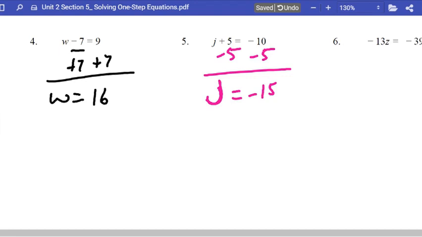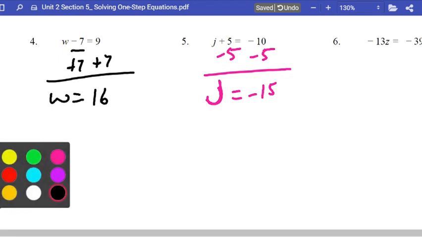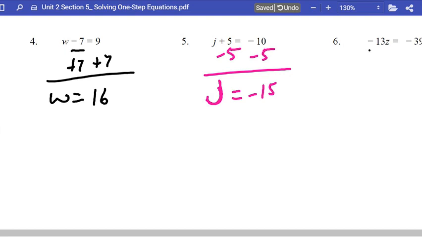Negative 13z equals negative 39. This one's a little bit different. The negative 13, even though there's a minus sign in front of it, what's it actually doing to that z? It's multiplying. So in order to undo this, we have to divide both sides by negative 13.